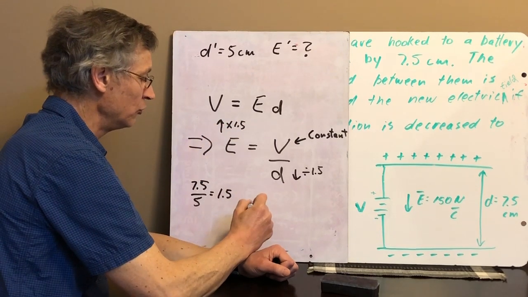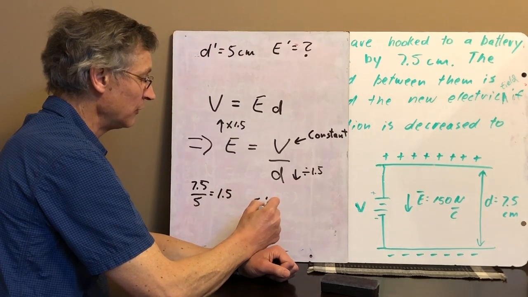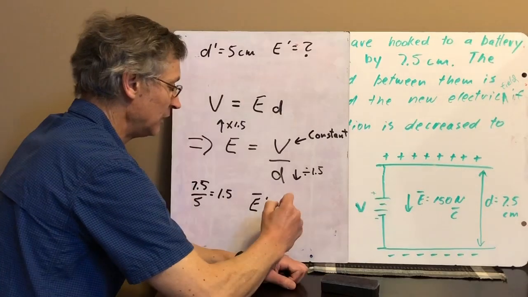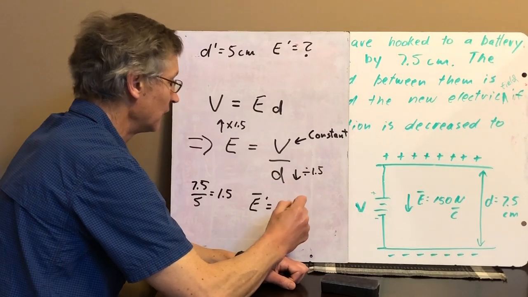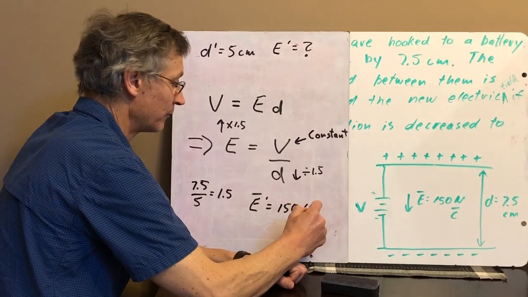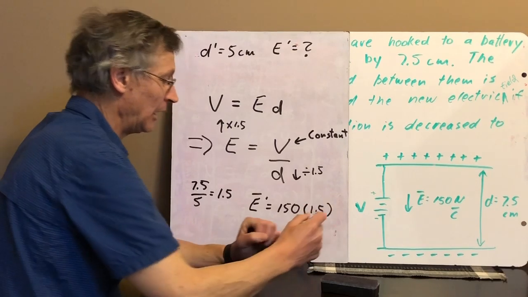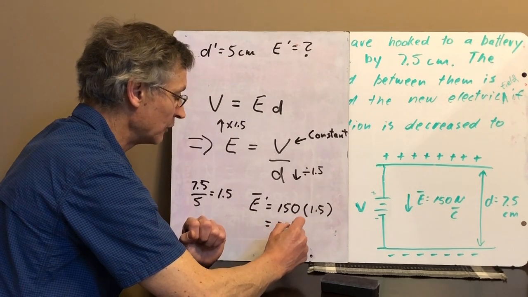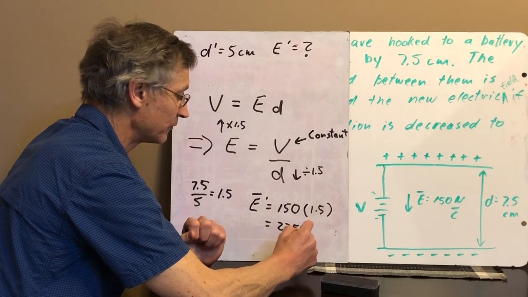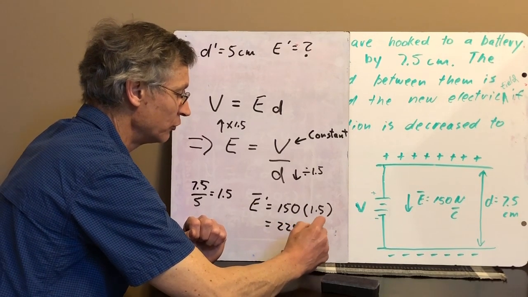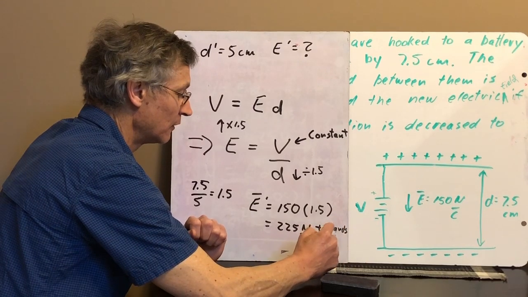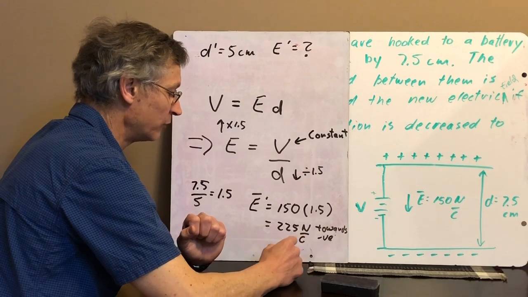So your new electric field is going to be your old electric field, which is 150, times 1.5. And you can try that on your calculator. 1.5 times 150, 225 newtons per coulomb. Again, towards the negative plate.